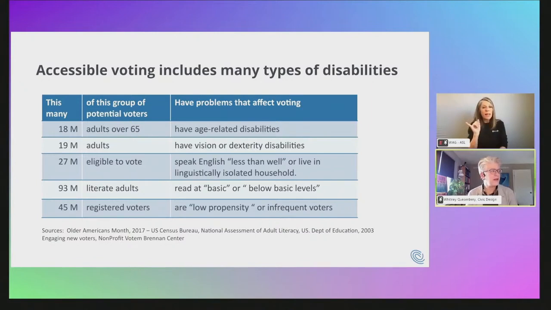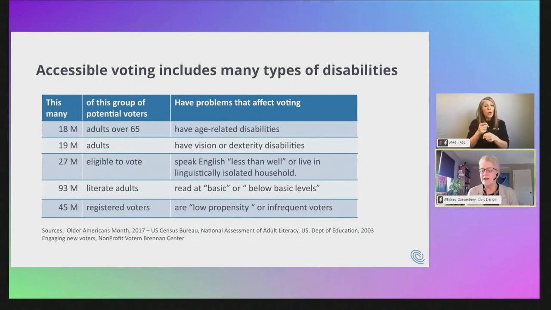And the last one is that 45 million adults are what they call low propensity or infrequent voters. That is, people who may be registered to vote, but don't show up for every election. Maybe they vote for presidential elections or they only vote for federal elections. And these are people who show up when there's something that they think relates to them to vote for. But that often leaves out their mayor, their local elections, which might not happen every year or might happen in an odd year.